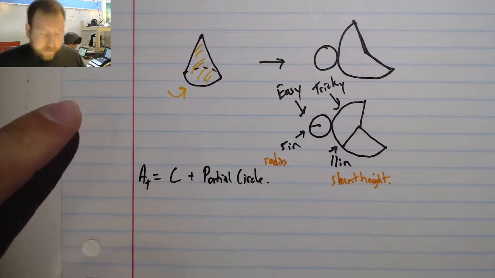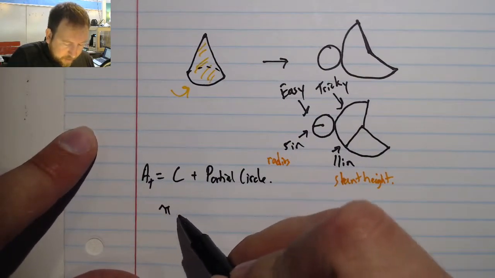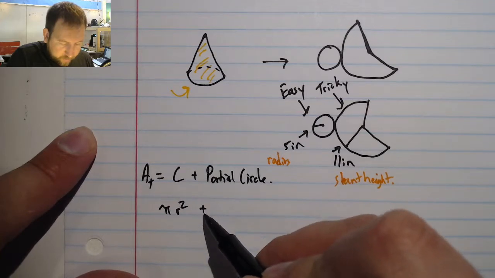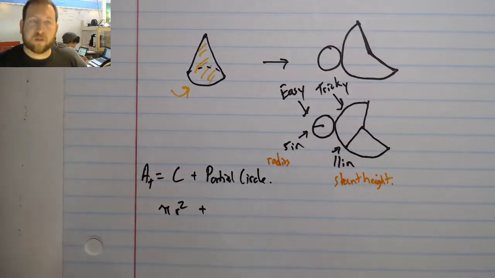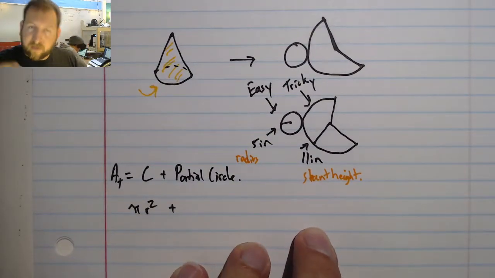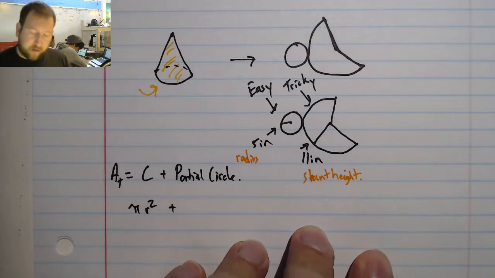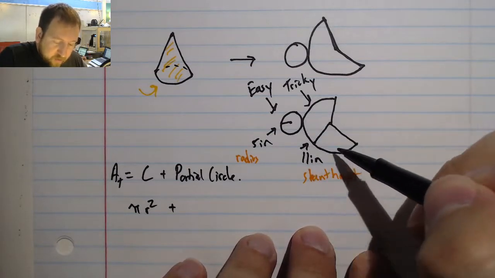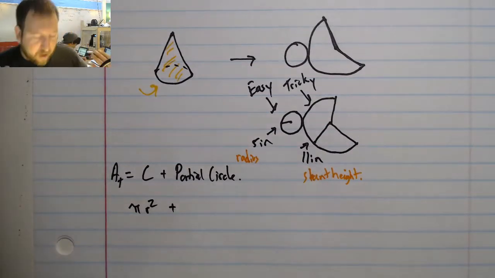The area of the circle is going to be easy because that's going to be pi r squared, plus the area of the partial circle, which is going to be a little bit trickier. Well, the partial circle is actually a circle with just part of it missing. So we can use that knowledge to our advantage.